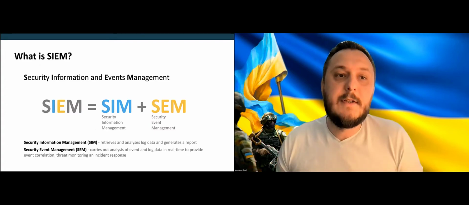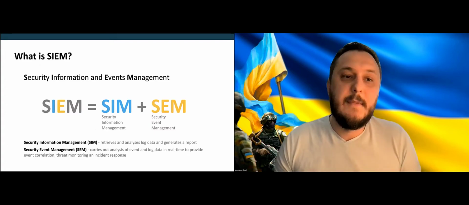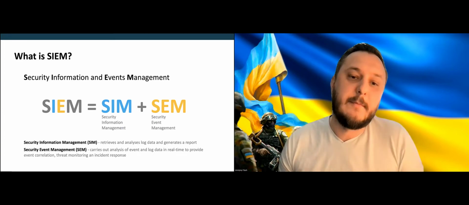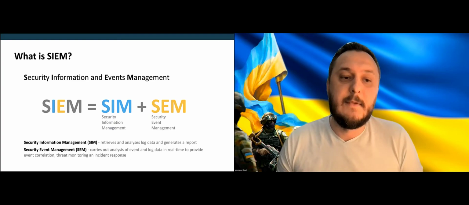So what is a SIEM? SIEM is a mix of security information management and security event management systems. Security information management retrieves and analyzes log data and generates reports, so technically it's kind of an alert system.